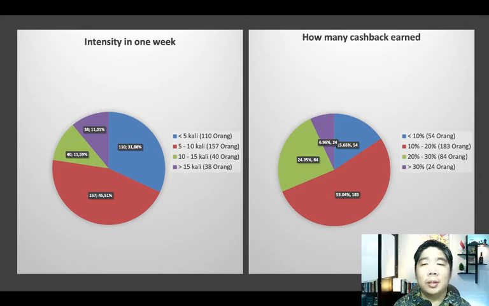For cashback of more than 30%, the total was 24 respondents. Thus, from the above data, it can be concluded that most of the cashback obtained is around 10 to 20%.